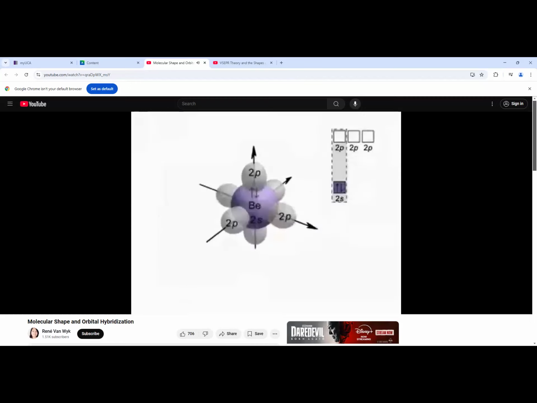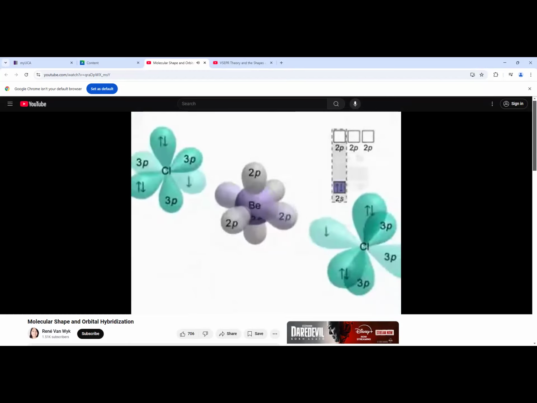Putting these ideas together, we can imagine the hybridization process for BeCl2 is something like this. The isolated beryllium atom, with its filled 2s and empty 2p's, is shown with the small box diagram above. The chlorines have three 3p orbitals, but we'll fade out the ones that are not involved in bonding.